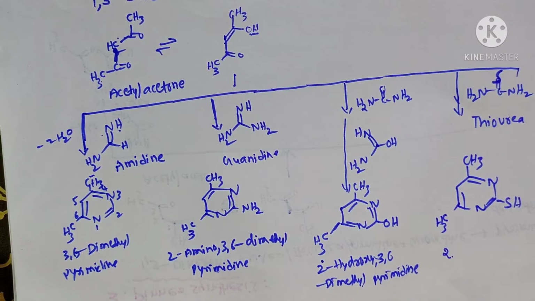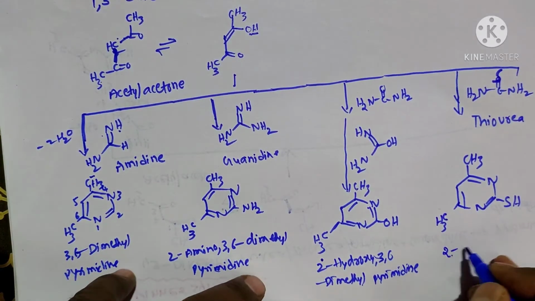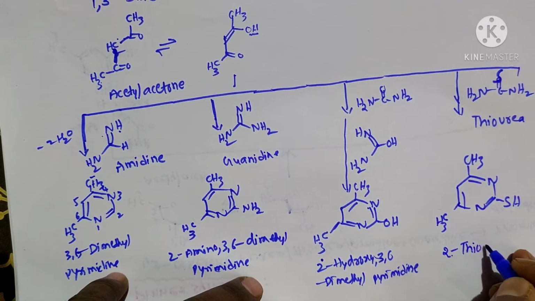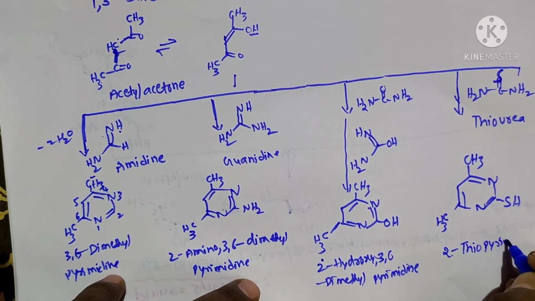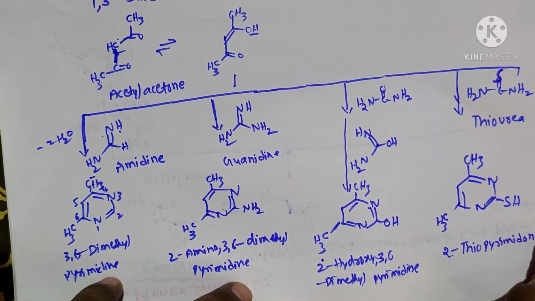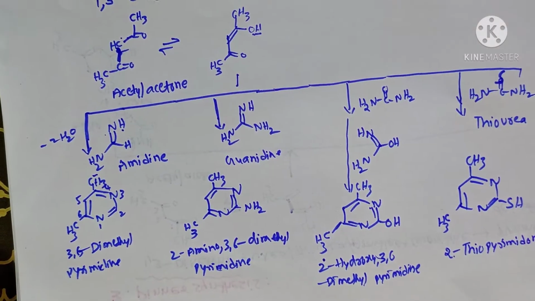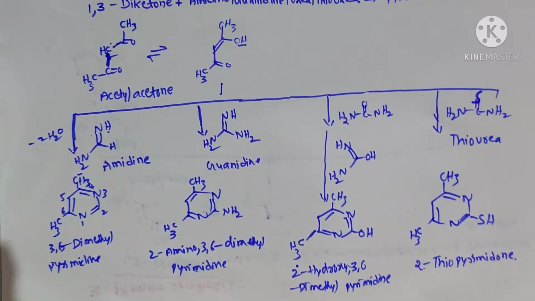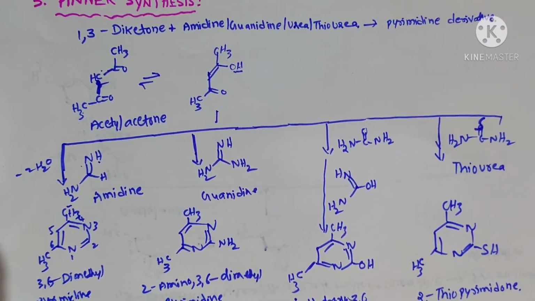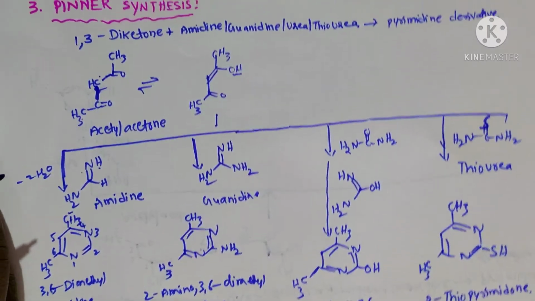Its name is 2-thiopyrimidone. Like that, we get the different products according to the second reactant.